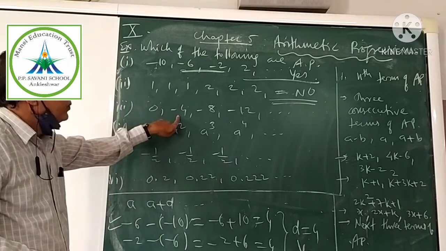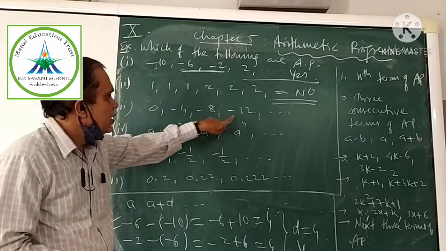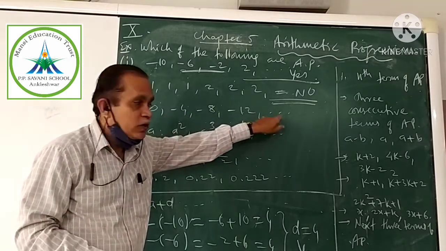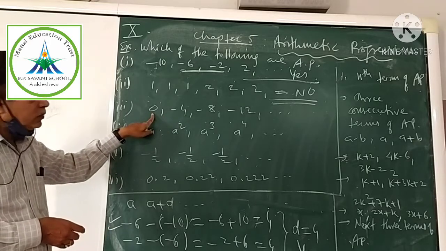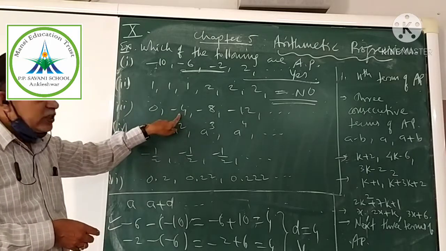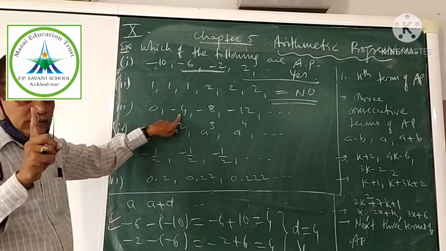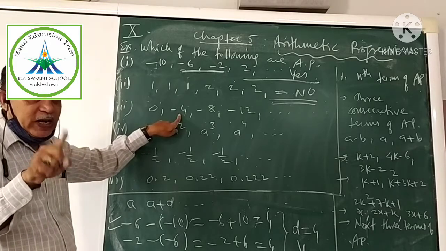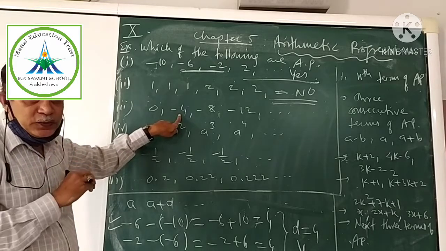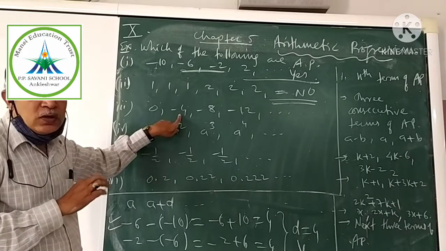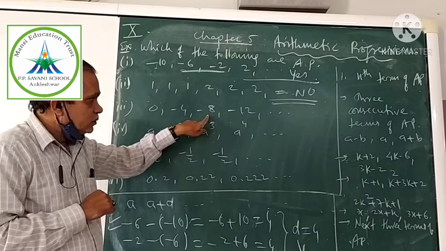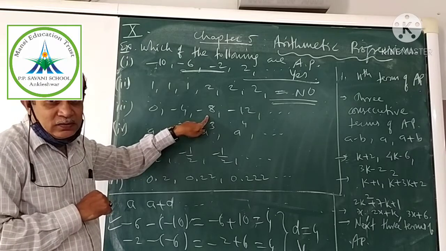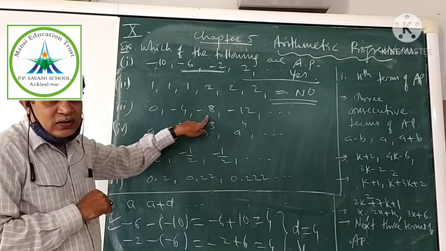Now see the third one: 0, minus 4, minus 8, minus 12, and so on. Minus 4 minus 0 is minus 4. Minus 8 minus bracket minus 4: minus becomes plus 4, so minus 8 plus 4 is minus 4. Minus 12 minus bracket minus 8 is minus 12 plus 8, which is minus 4.